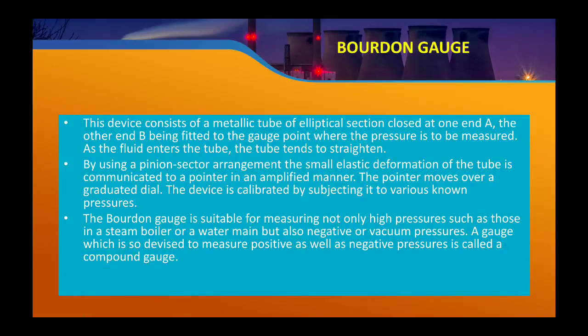The Bourdon gauge is suitable for measuring not only high pressures, such as those in a steam boiler or a water main, but also negative or vacuum pressure. A gauge devised to measure positive as well as negative pressure is called a compound gauge.